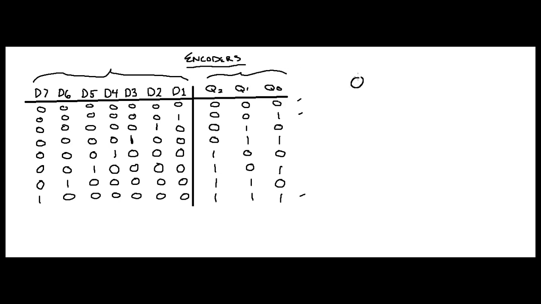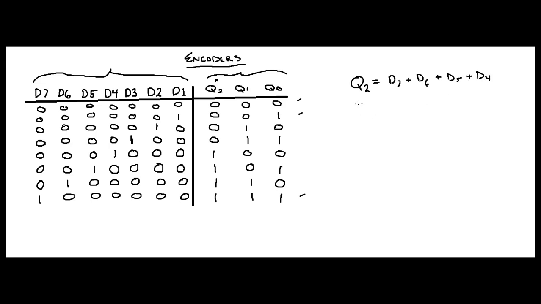So if we look at Q2, for example, and look at this column right here, when is it 1? Well, Q2 is going to be 1 for D4, D5, D6, and D7. I'm going to write these backwards for you: D7 or D6 or D5 or D4.